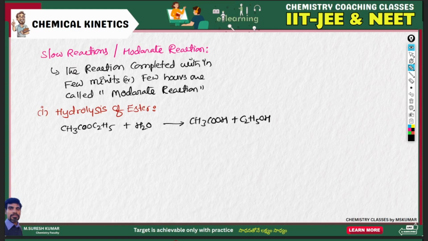Okay? CH3COOC2H5, this compound's name is ethyl acetate. On hydrolysis it gives acetic acid and ethyl alcohol.